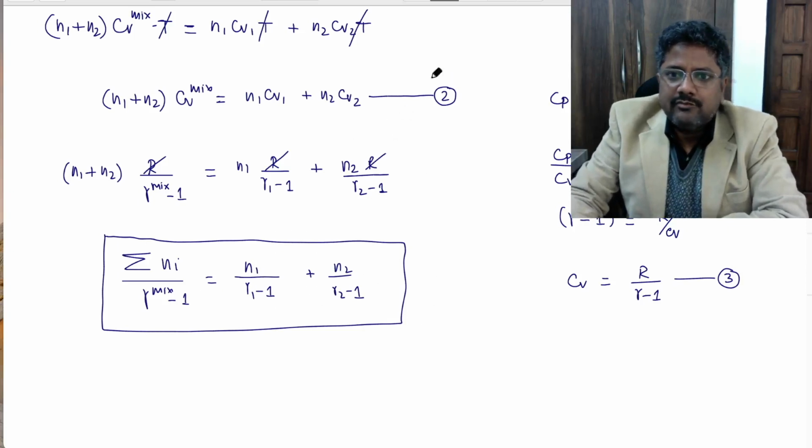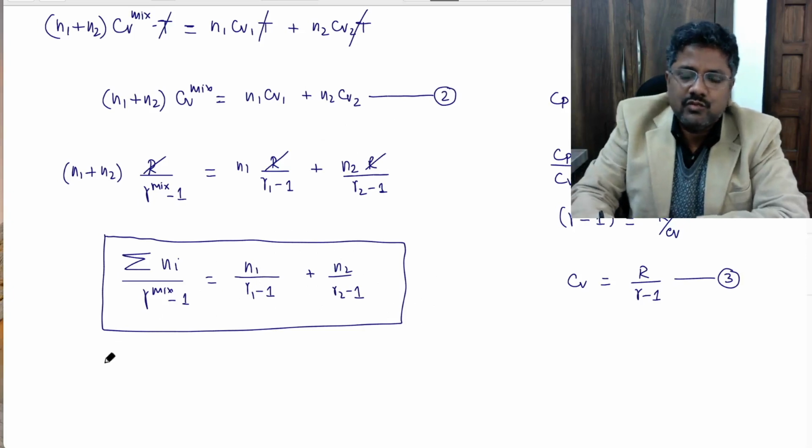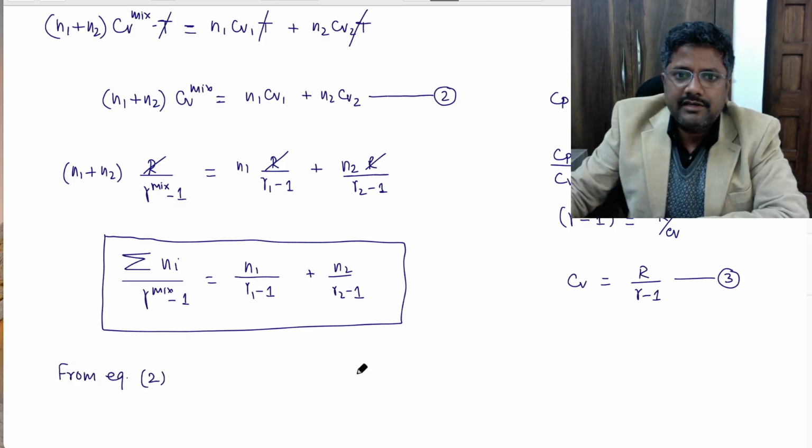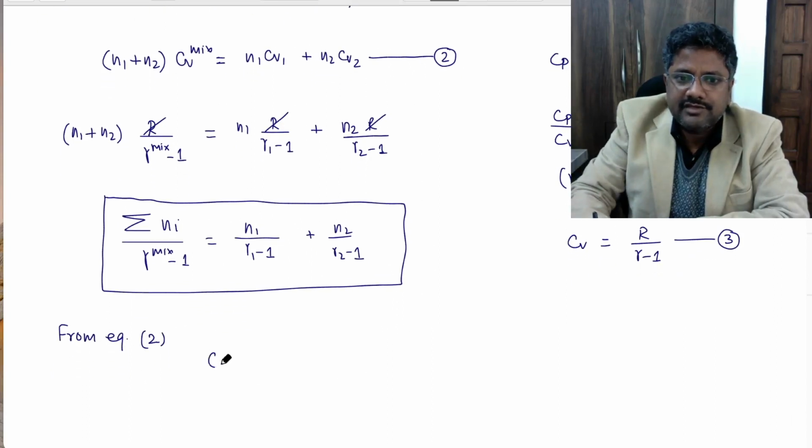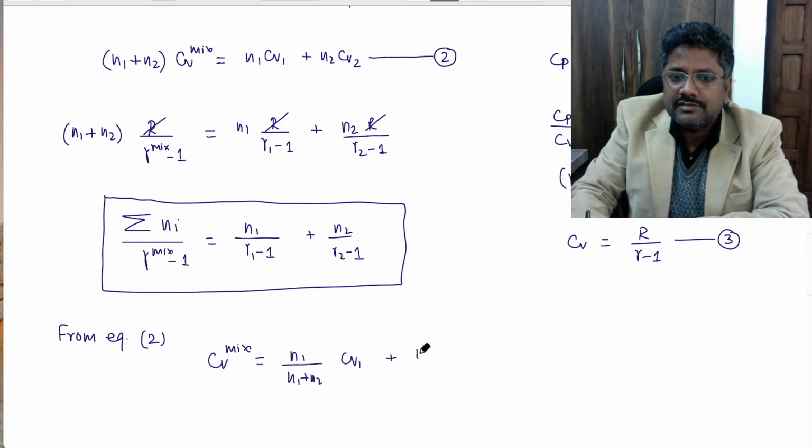Now see, one more formula you can derive from equation 2. From equation 2 we can write Cv mixture is equal to N1 by (N1 plus N2) Cv1 plus N2 by (N1 plus N2) Cv2.